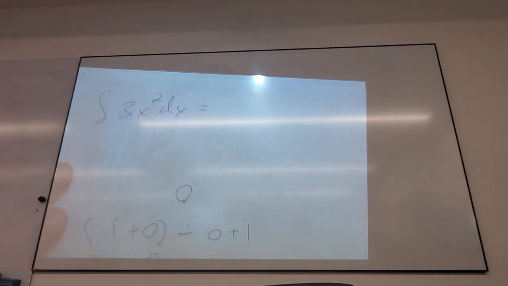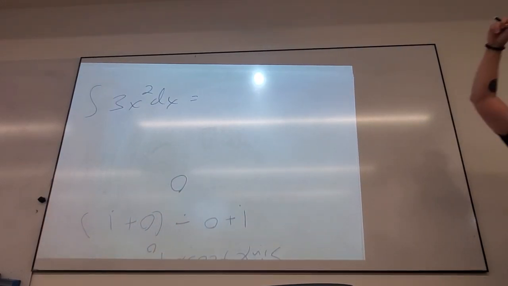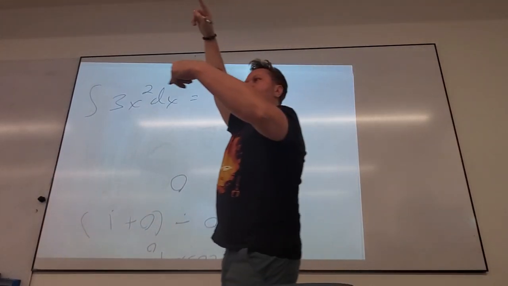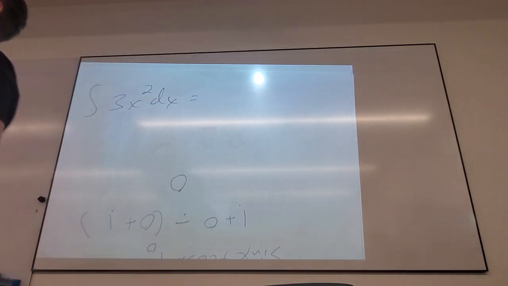If I had the integral with no limits, the integral without limits. If the integral with numbers on it is the definite integral, this must be the indefinite integral. All this is the antiderivative. This is just saying, I don't know what to plug into it, just get the antiderivative.